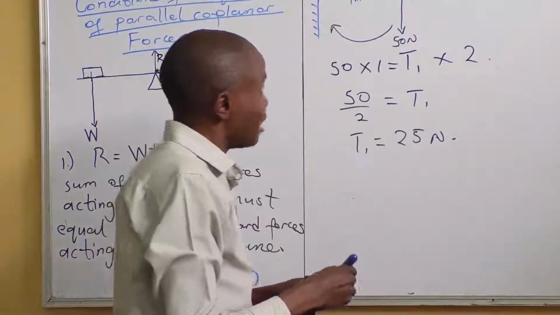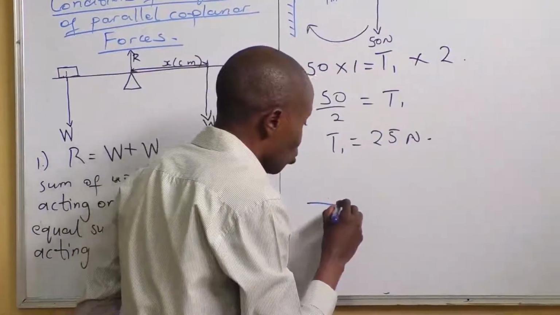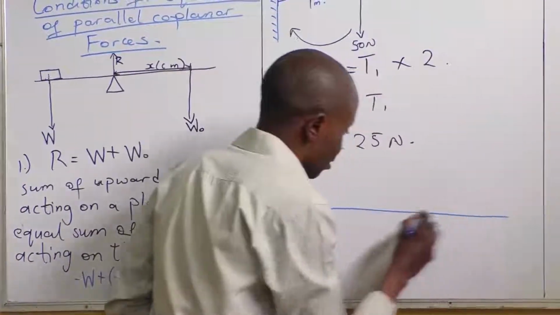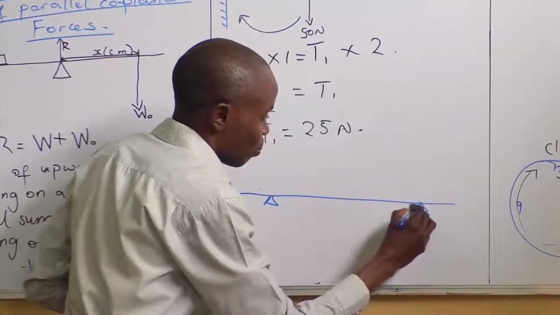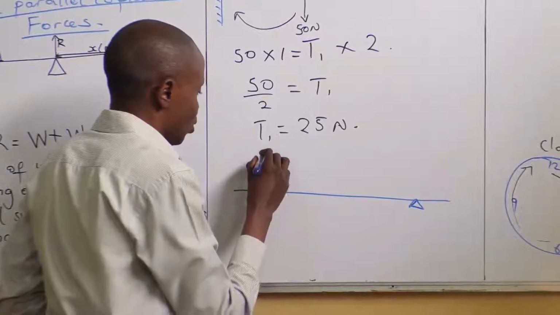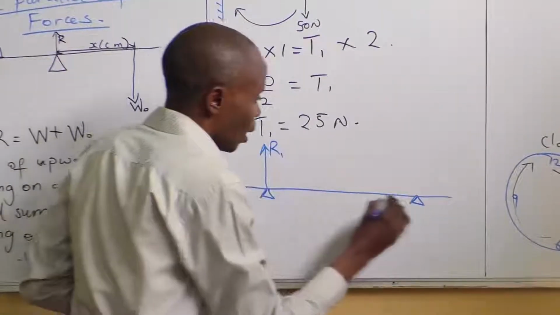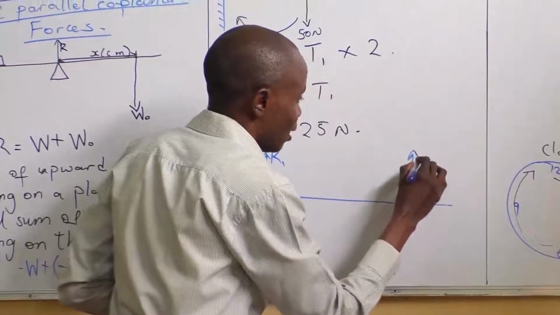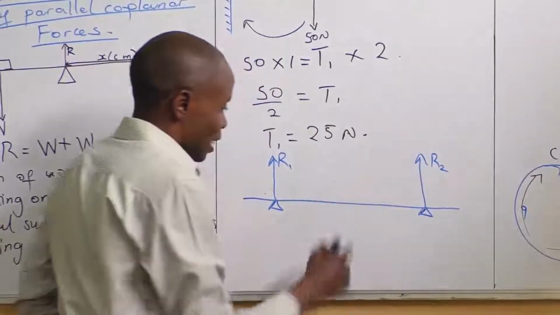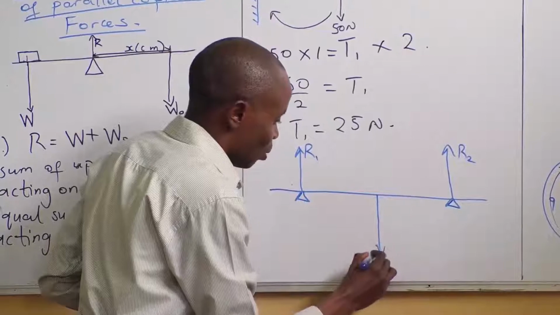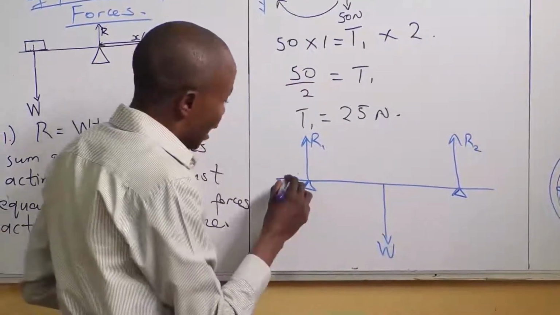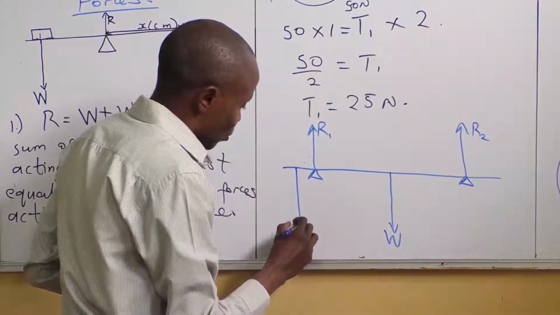diagram may be. Let's say you even have a diagram that has so many forces on it, such as this. Let's say this has a support here. It has a support here. So there's a reaction here. Let's call that R1. There's a reaction here. Let's call that R2. There is a weight, the weight of the object itself. Let's call that W. Let's say you hang a mass, a certain mass.